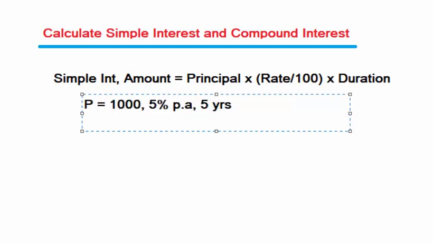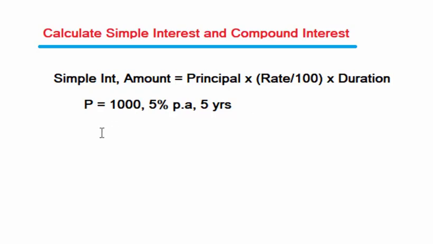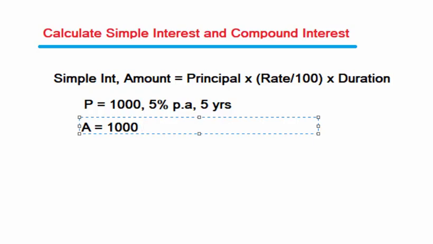In this case, the final amount which will be given to the investor will simply mean we take our 1,000 bucks, we multiply it by 5, divide by 100, then we multiply it by the number of years.